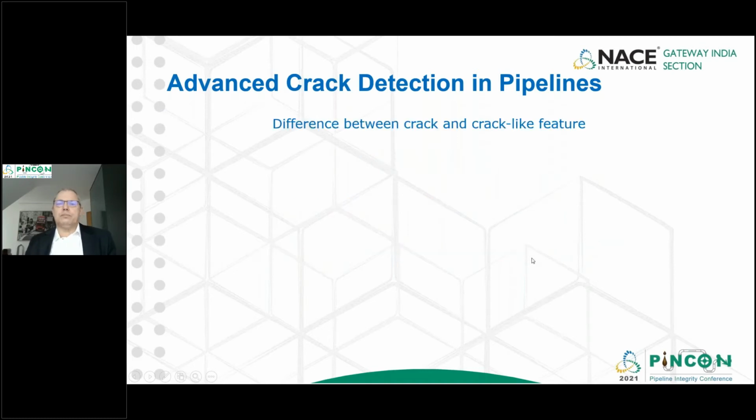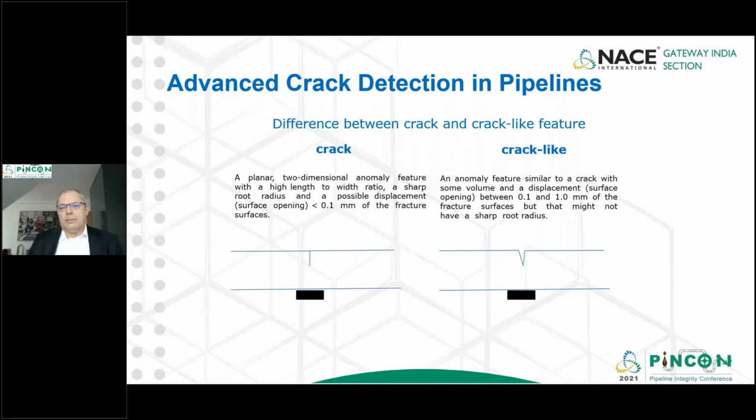The difference between crack and crack-like features we have discussed already. Now, this is important to understand because this also gives us the explanation why tools based on the magnetic principle like MFL or TFI cannot detect cracks. They can detect crack-like features, but not cracks.